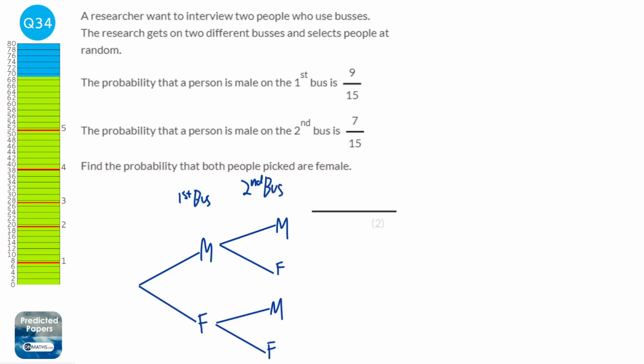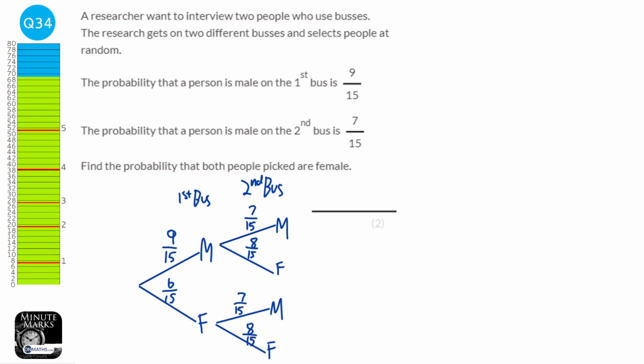So the probability of male on the first bus is 9/15, and therefore the probability of female is 1 minus 9/15, which would be 6/15. Male on the second bus is 7/15, and so female would be 8/15 because they need to add up to 1, and it's independent, so these will be the same.